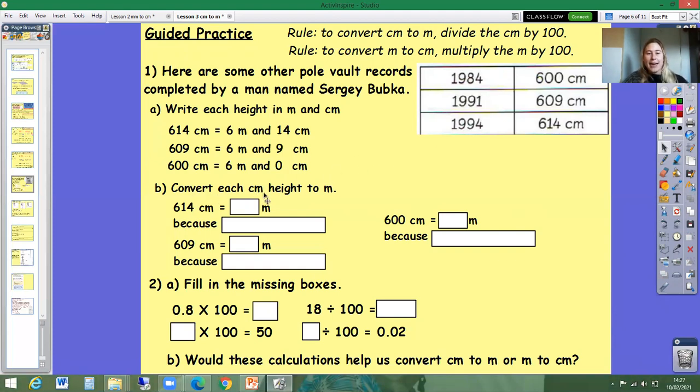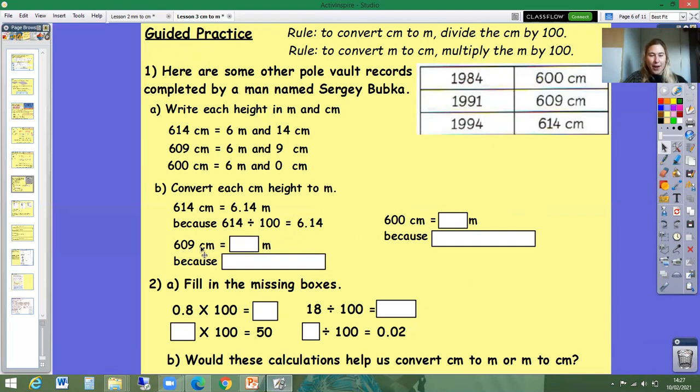Now it says to convert each centimeter height into meters. So we're after our decimal here, if there is a decimal. Let's go through these ones now. 614 centimeters is 6.14 meters, because 614 divided by 100 is 6.14. So when we're converting from centimeters to meters, we need to divide by 100.